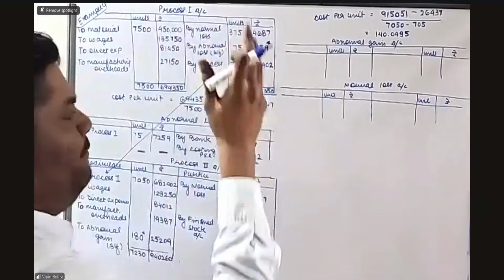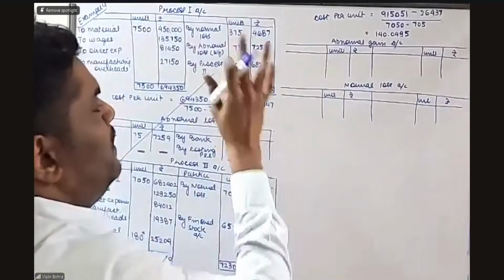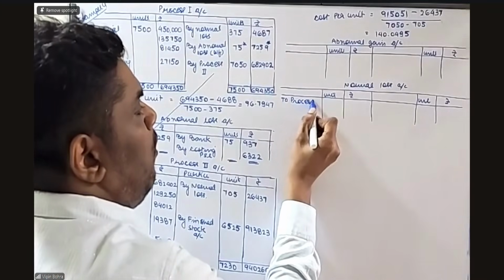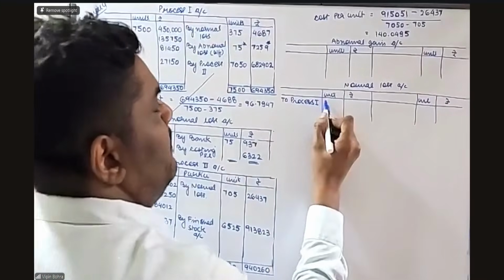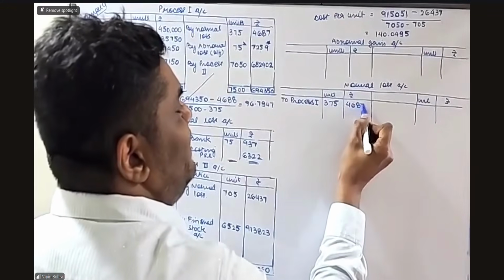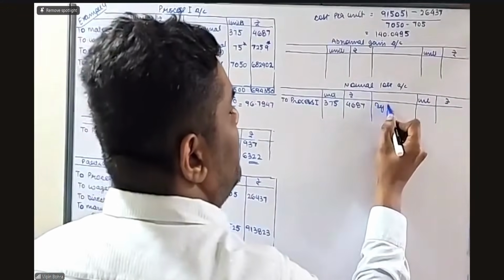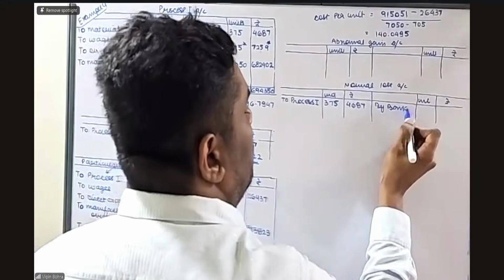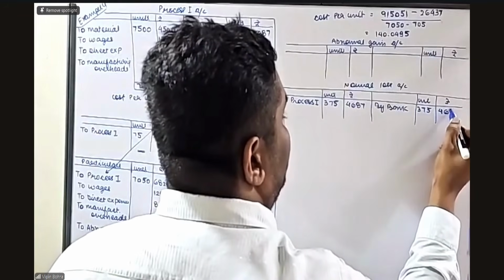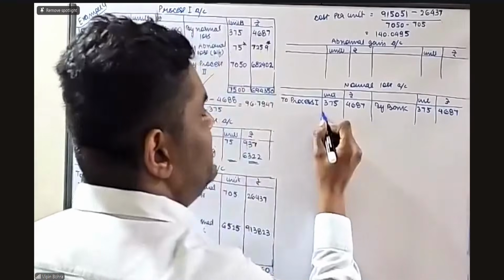But for your reference also, I'm preparing the normal loss account for process first. So to process first, 375, 4687, and by the same amount, 375, 4687. So this entry is closed.